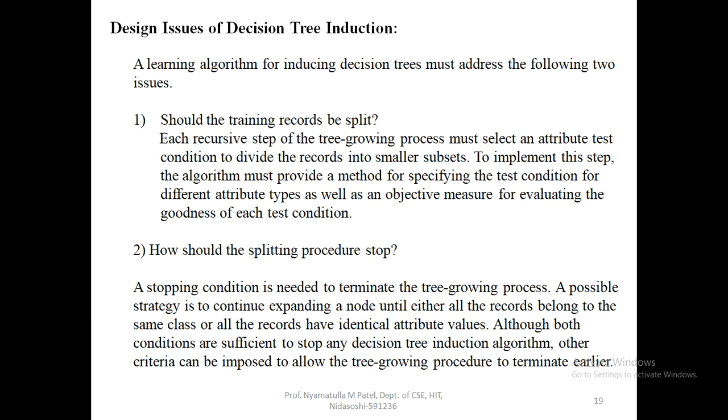A possible strategy is to continue expanding a node until either all the records belong to the same class or all the records have identical attribute values. So, up to what point do you continue the splitting procedure? If all the records belong to the same class, you need to stop, or if all the records have identical attribute values, at that point you need to stop the splitting process.